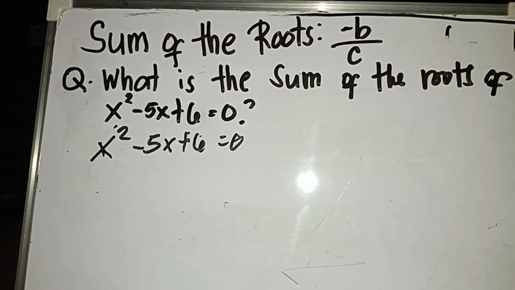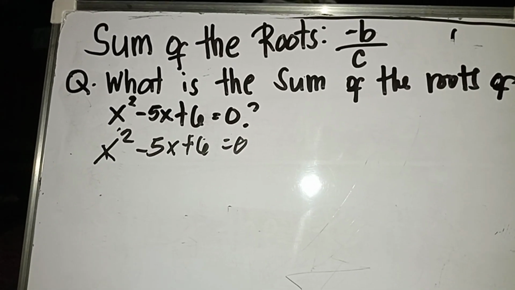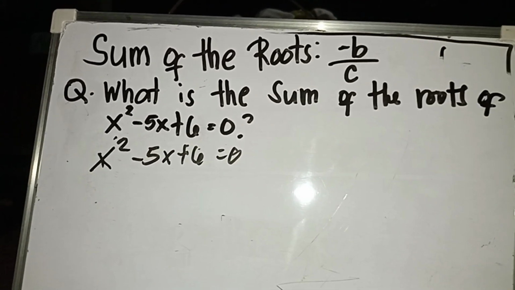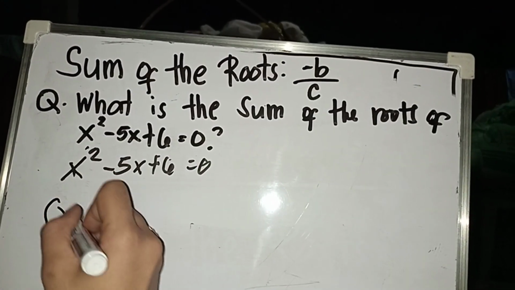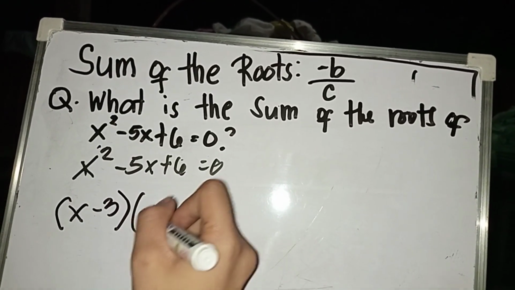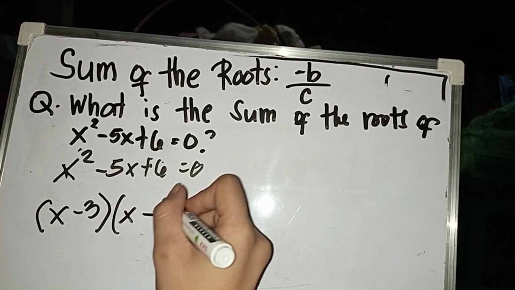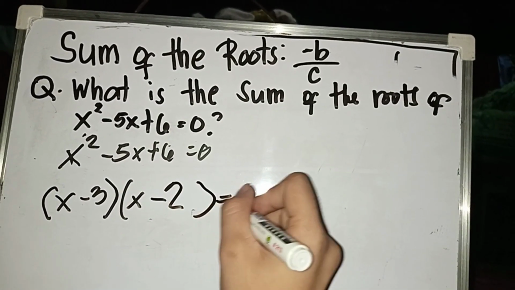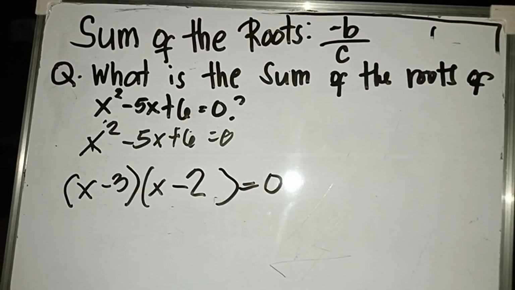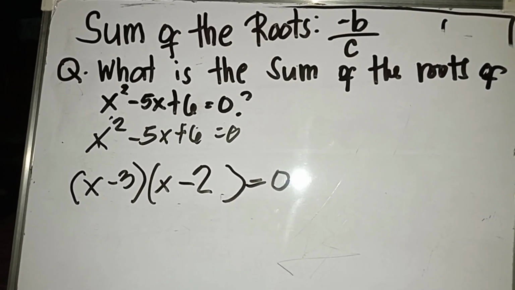So basically, you will go with factoring. If you're going to factor out the equation, you have here x minus 3 times x minus 2 is equal to 0. Those are the factors in solving the value of x.